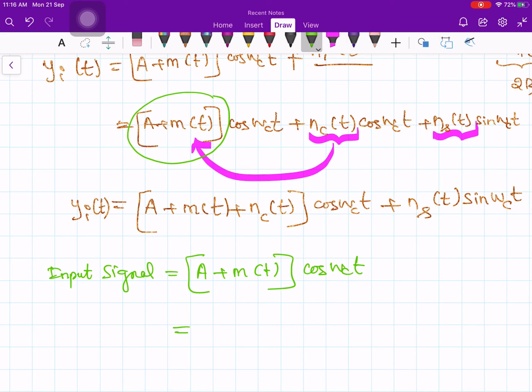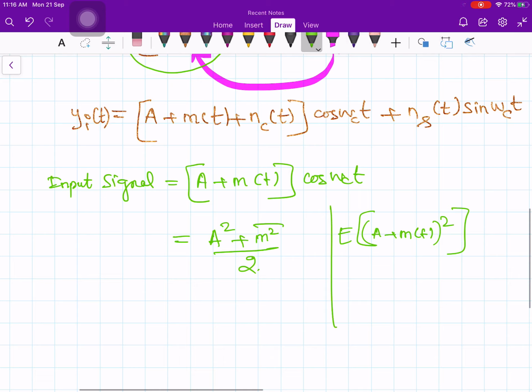This we already calculated. It is going to be A squared plus m squared bar by 2. Same calculation, you can do it. Straight away, this is the expected value of A plus m of t whole squared. If we expand this, it is A squared plus m squared of t plus 2 times A times m of t.